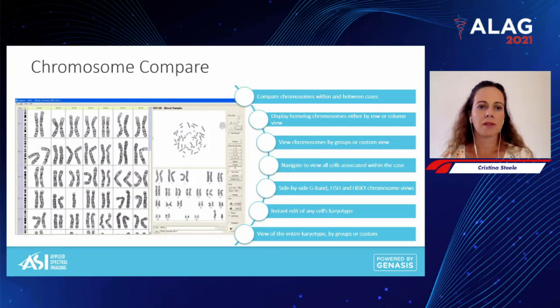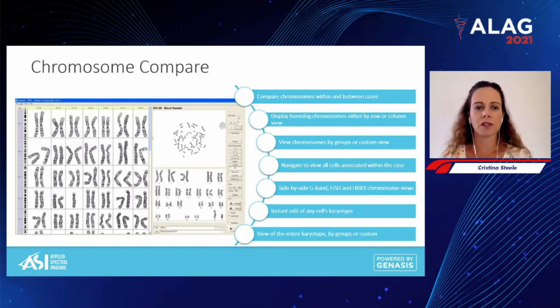And then once you've completed your case and you want to review your karyotypes to make sure there are no errors, or you're questioning a particular chromosome or translocation, you can go to Chromosome Compare and it lists all the karyotypes for that case. And you can section it off too, to only say, if you have a 9;22, you can just show the 9s and the 22s together.